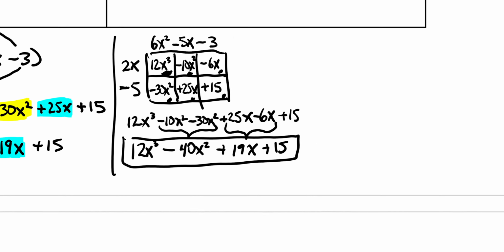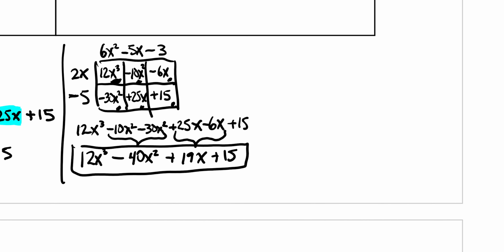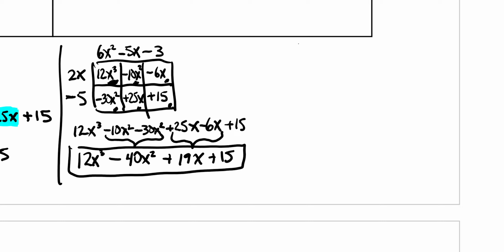And then finally, this is kind of the way that I prefer, just stacking it. 6x squared minus 5x minus 3 and 2x minus 5. And then I'm going to just separate those just a little bit more.